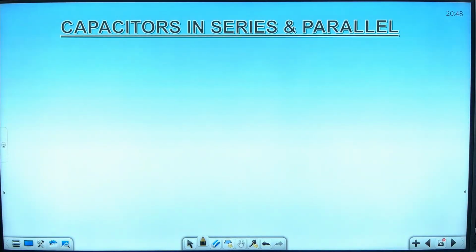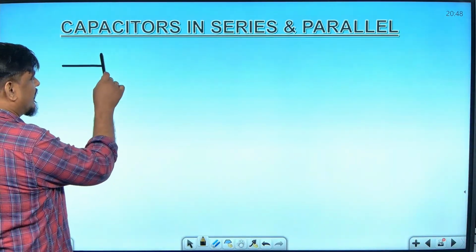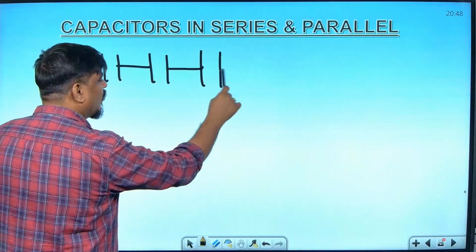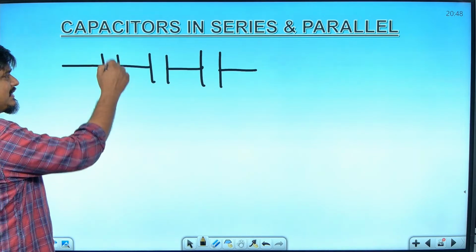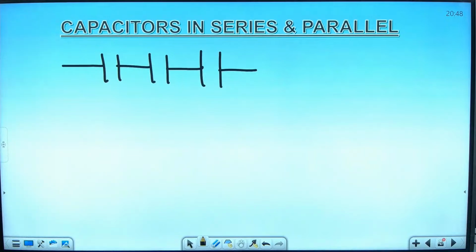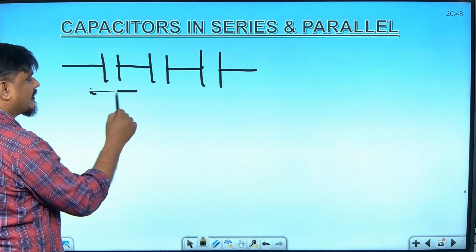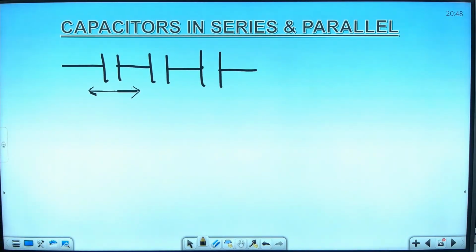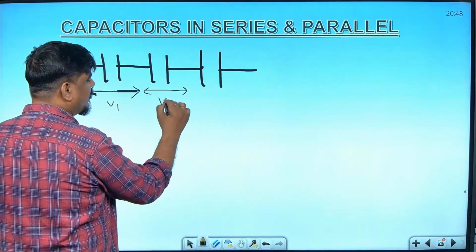Capacitors in series and parallel. So, I have said to you during the regular class earlier, if the capacitors are connected in such a way that it is plus, minus, plus, minus, plus, minus, then you get a series connection. In series connection, what remains same and what changes? Voltage changes. It becomes V1, V2 and V3.